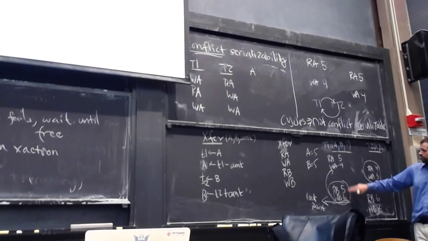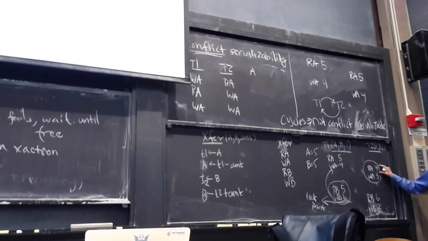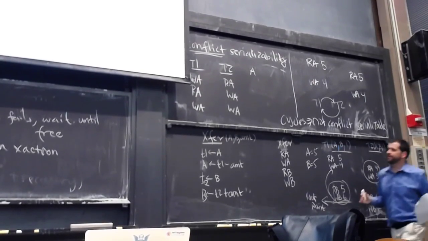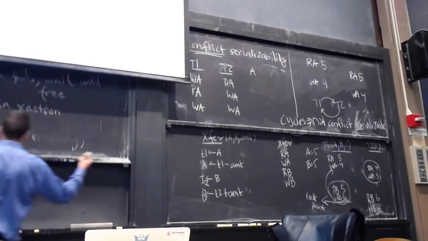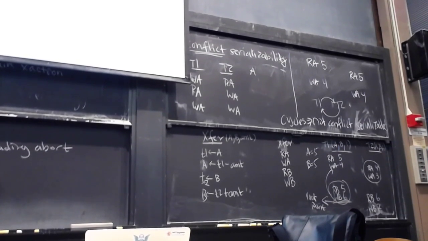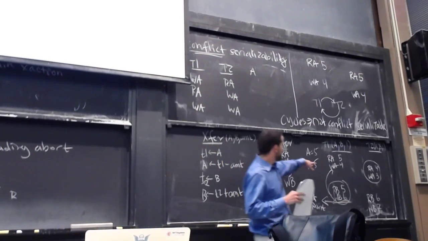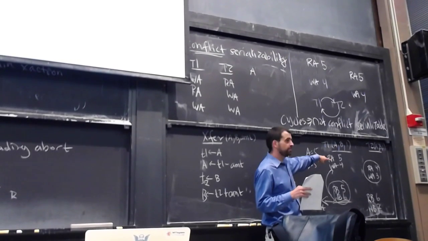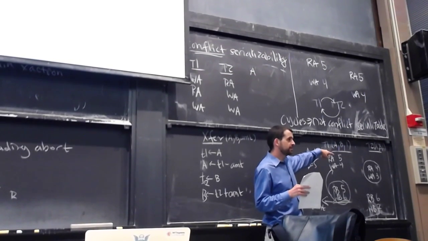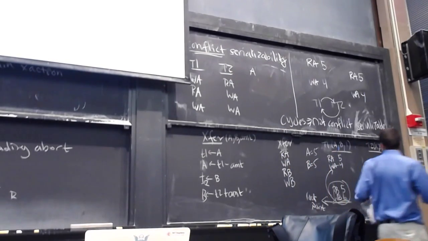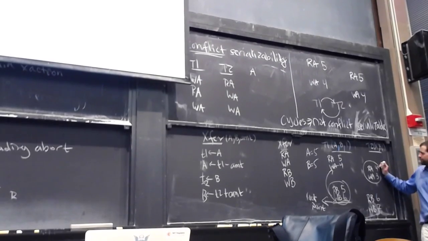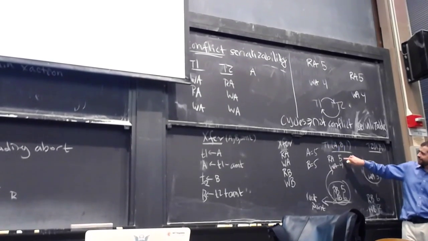Yes, that's true. So what that would allow is somebody else could come in and, if I released it, I could have this situation where transaction 1 does a read of A, and transaction 2 does something.